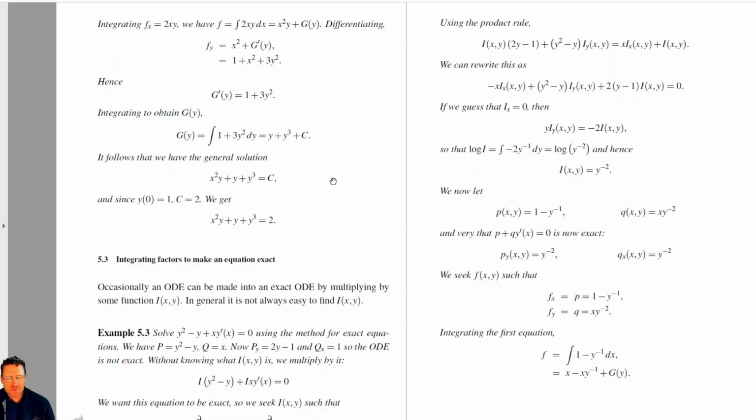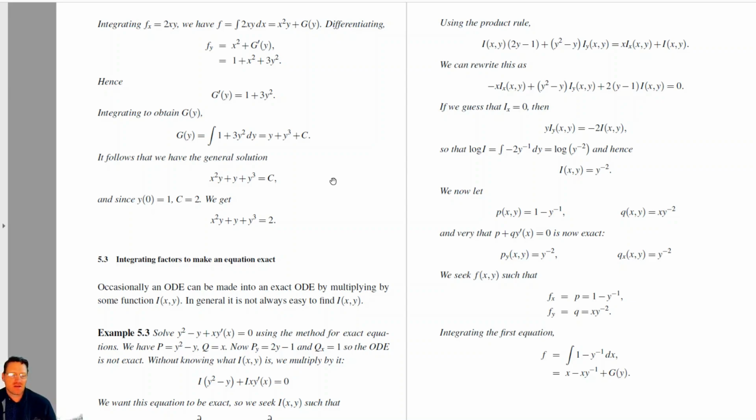So P with respect to y gives us 2y minus 1, and the partial derivative of Q with respect to x is equal to just 1. So the ODE is not exact because these two partial derivatives do not match, right? They're not equal.